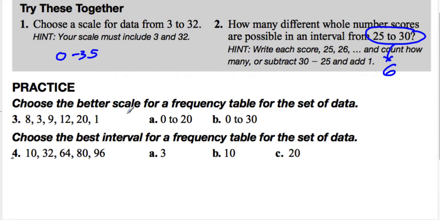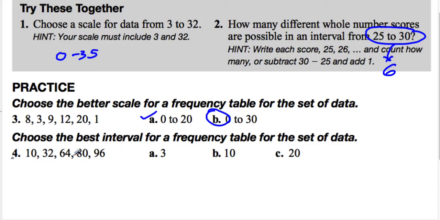The scale should include all of them, and since the least number is 1 and the greatest number is 20, a good scale would be 0 to 20 or 0 to 30. A good scale would probably be 0 to 30, just to be safe. But if you choose 0 to 20, that would also be fine, since 20 is included.